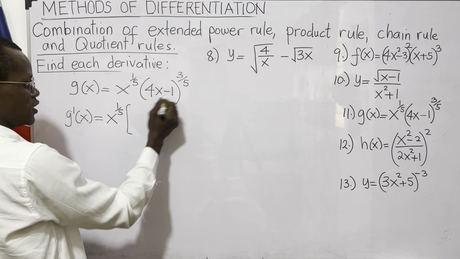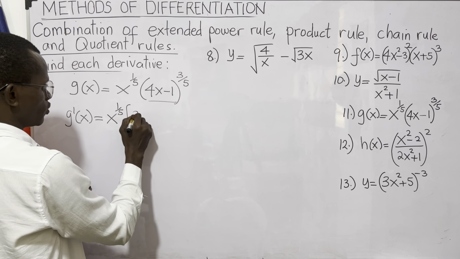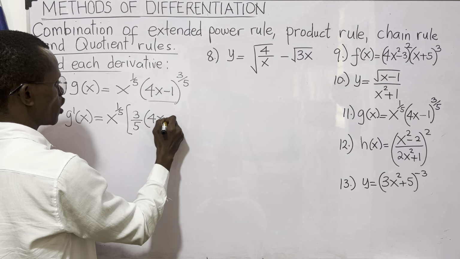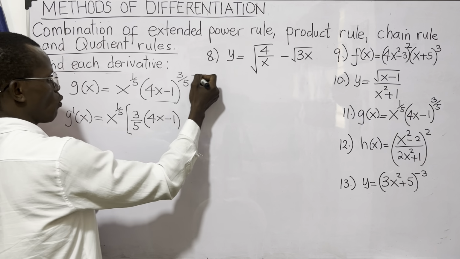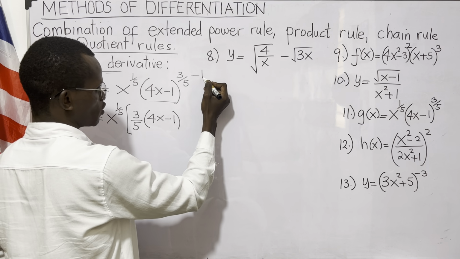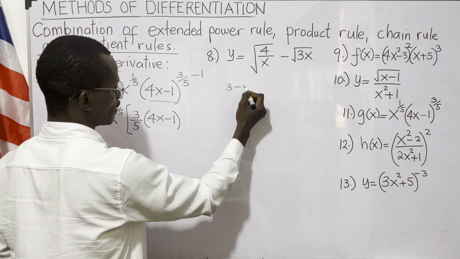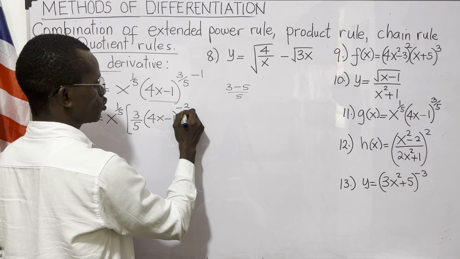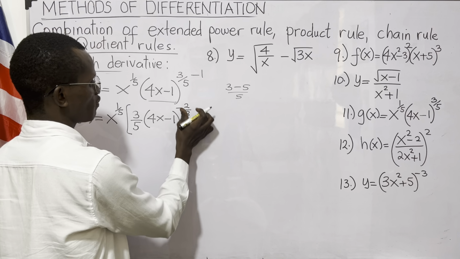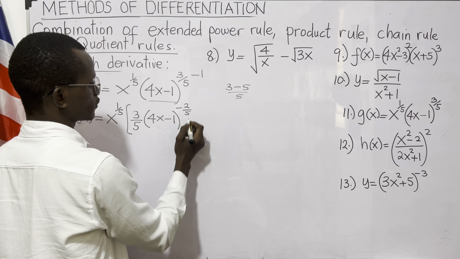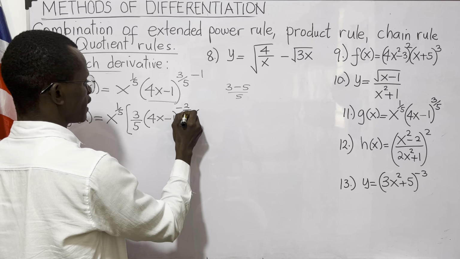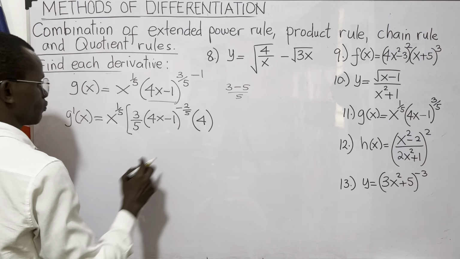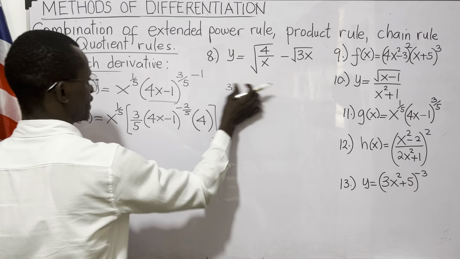To differentiate this factor, we have to drop the power 3 over 5. We rewrite 4x minus 1 and subtract 1 from this power. So it's 5 times 1, 5. So it's 3 minus 5 over 5. So this gives us minus 2 over 5. Then we differentiate inside. The derivative of 4x is just 4.